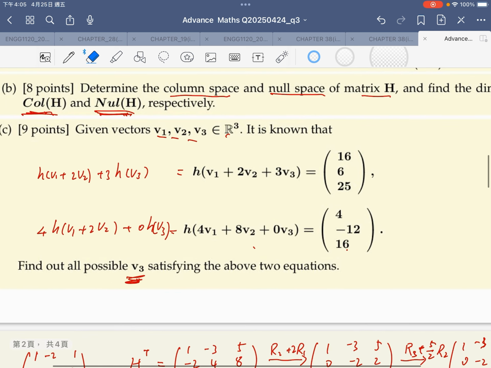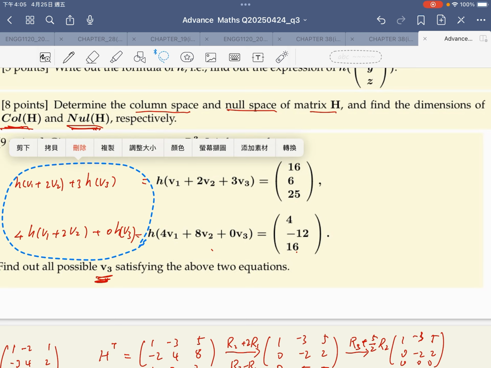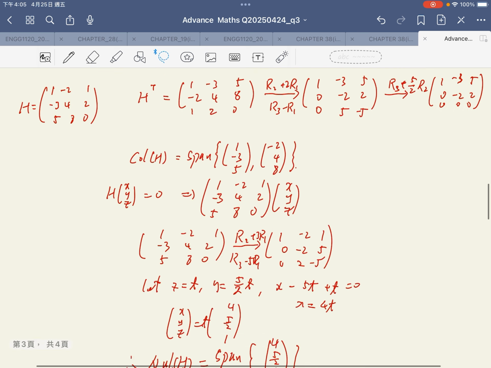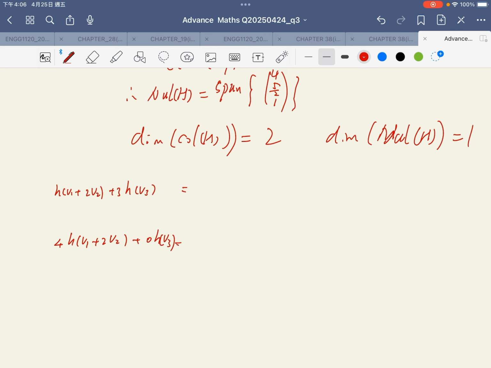Therefore, we have two equations here. One is this one, I copy here, and this is equal to (16, 6, 25). This is equal to (4, -12, 16). And write this as the subject.